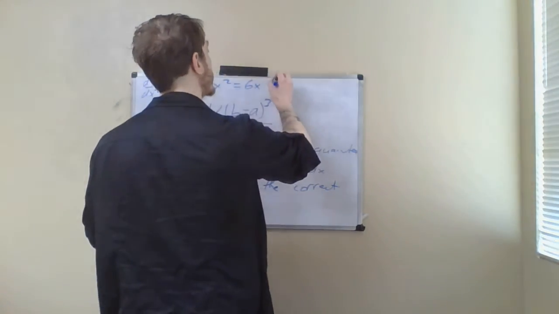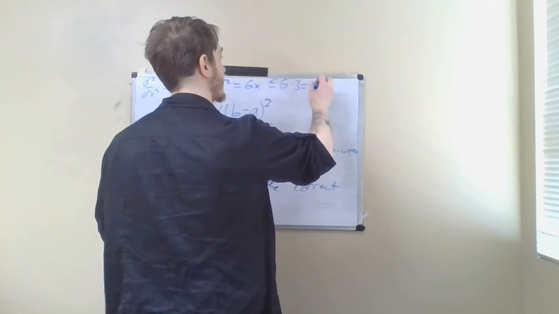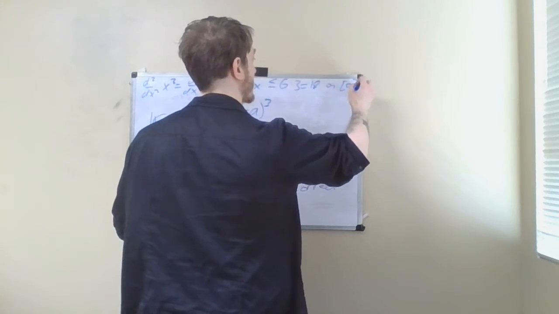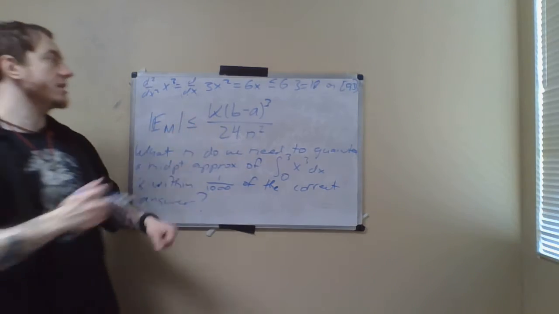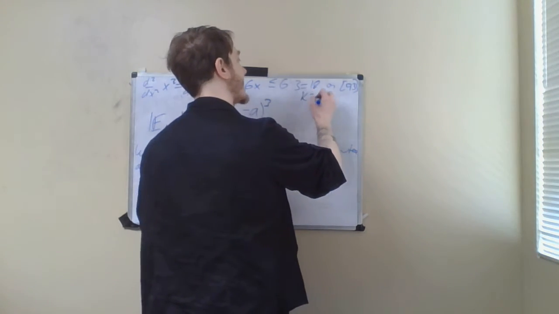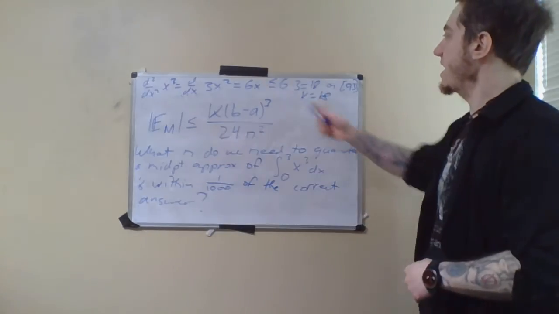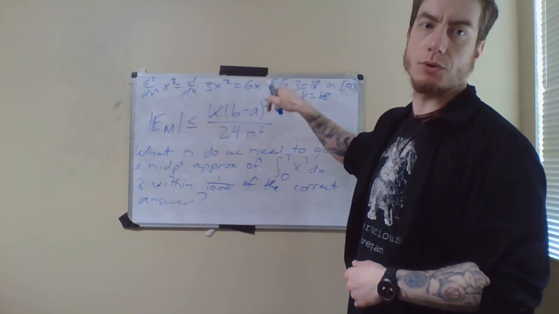This is less than or equal to 6 times 3 equals 18 on the interval from 0 up to 3, which is what we are interested in. So my k is equal to 18, because the absolute value of the second derivative is always less than or equal to 18.